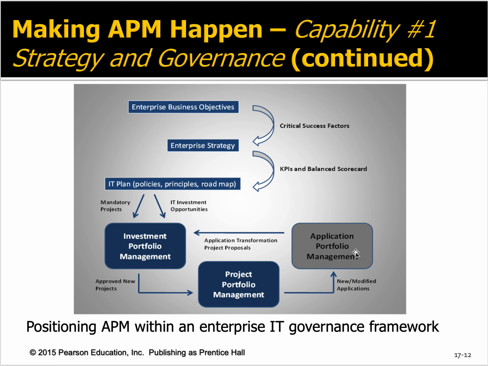And then you do the application portfolio management, and this goes on an ongoing basis, you keep turning that circle, if you will. So, positioning APM within an enterprise IT governance framework. So it has its own application right here.